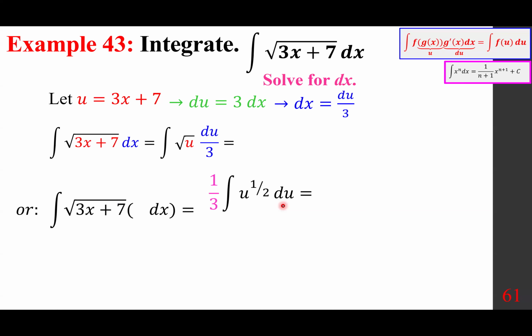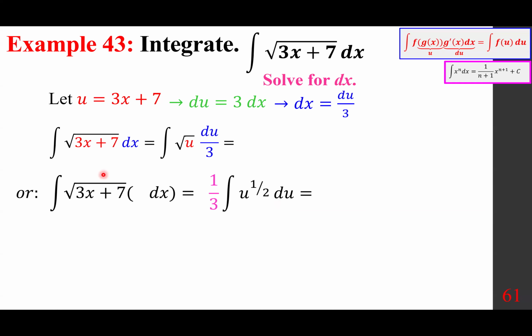However, what did I do? I would say this is square root of 3x plus 7 dx, and I notice number 3 is missing, everybody. So I look at this one, and I say number 3 is missing. I put a 3 here, and I undo it with 1/3.